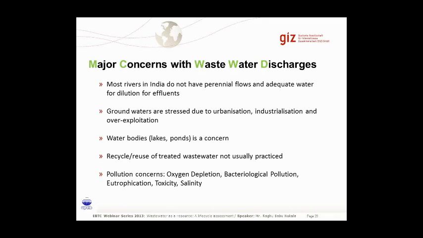Groundwaters are getting stressed due to urbanization and industrialization and over-exploitation. So any land discharges have these risks for pollution of groundwater. Surface water bodies are a concern because of pollution and surface discharges on land. Recycle, reuse still is not very well practiced, though there is a huge opportunity. Pollution concerns in these water bodies are oxygen depletion, bacteriological pollution, eutrophication, toxicity, and salinity.